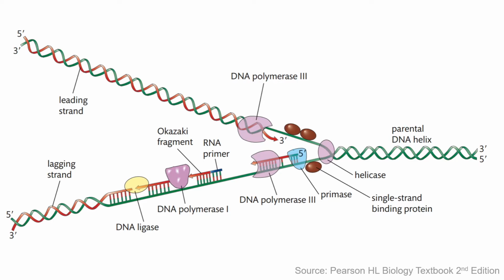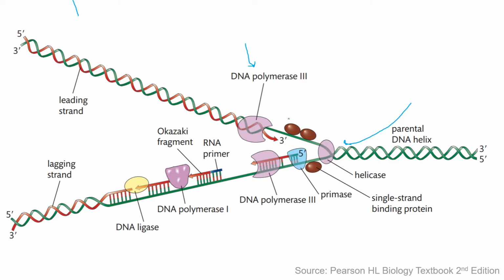So now at this point we've taken the parental DNA helix, we've put it through the replication fork, and we have two pieces of single-stranded DNA. This is no good to us as we want two pieces of double-stranded DNA. The essential premise of DNA replication and the essential enzyme that conducts DNA replication is DNA polymerase 3.